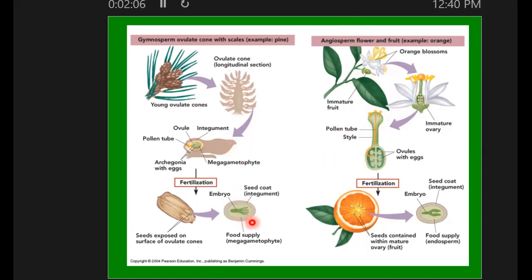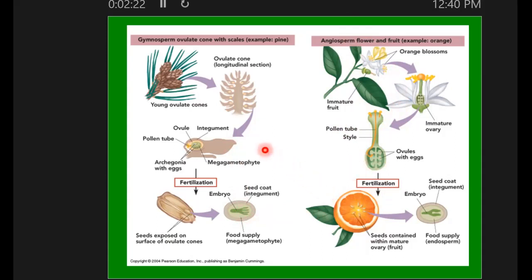cycle. And then you can see that after fertilization happens and the seeds are starting to develop, at that same time, you'll have to get fruit. And depending on the species, here they're showing an orange.